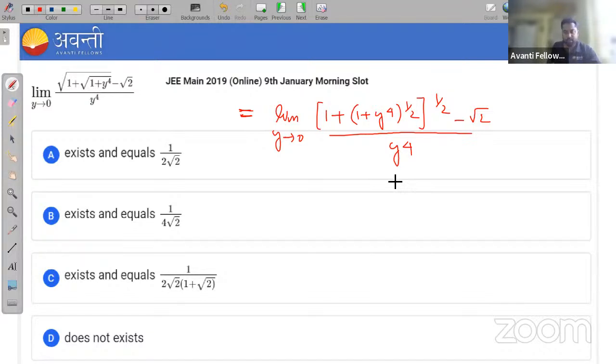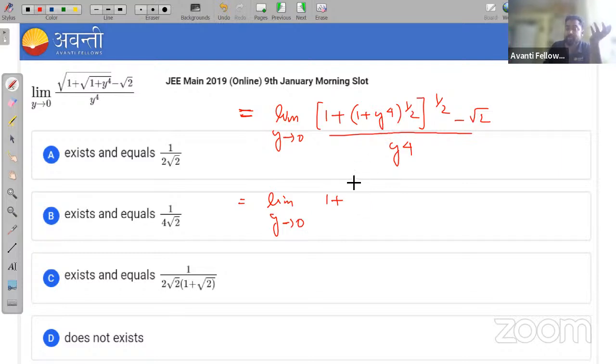Can we use the binomial approximation here, guys? Yes, we can use it. So the limit as y tends to 0 of (1 plus y to the power 4) to the power 1 by 2.